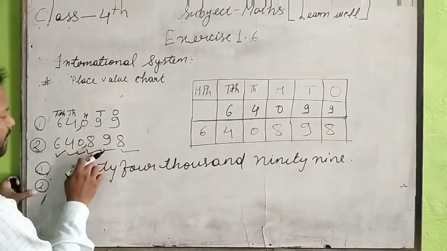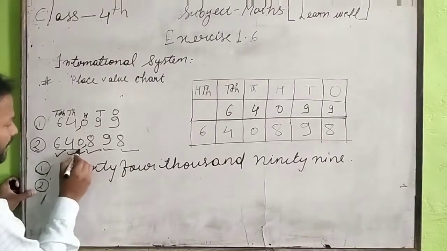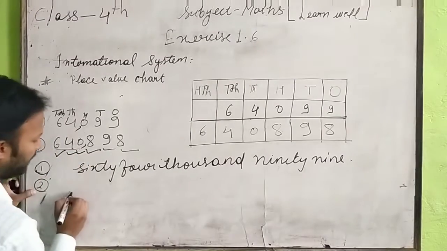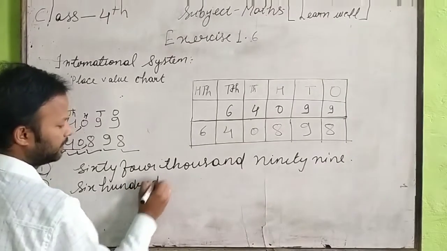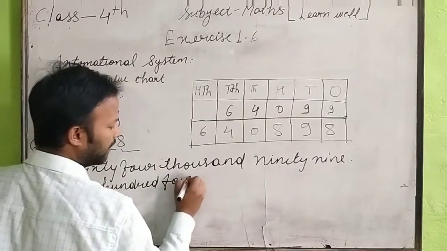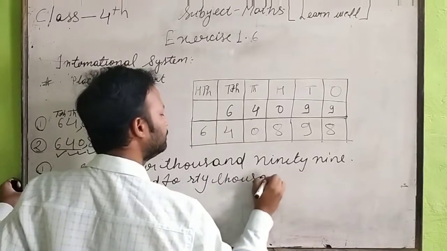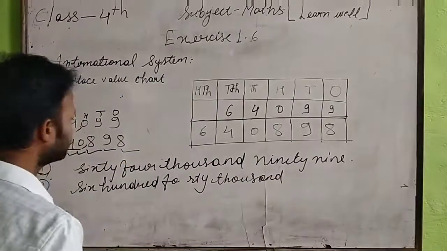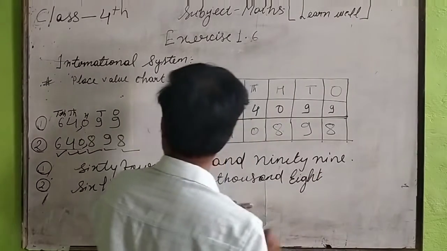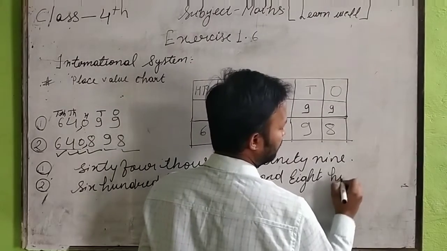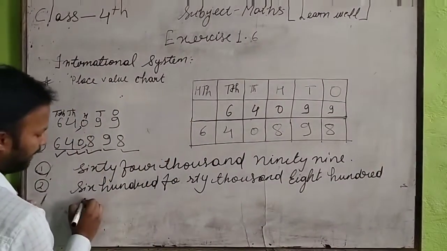Ones, tens, hundreds, thousands, ten thousands, hundred thousands. So how do we read these three digits? 640,000, then 800, then 98.